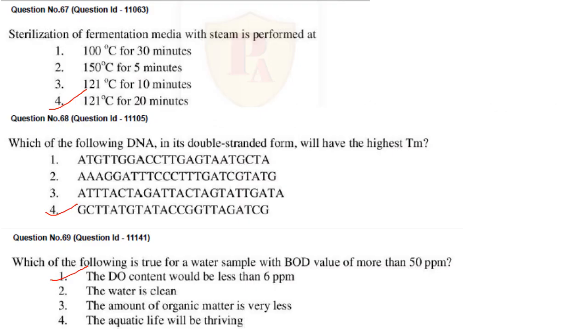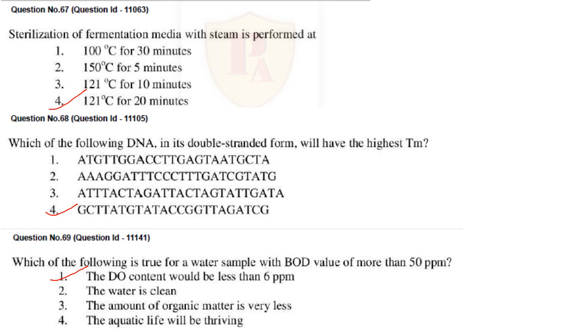Then next one. Sterilization of fermentation media with steam is carried out at 121 degrees Celsius for 20 minutes. Which of the following DNA in its double-stranded form will have the highest Tm?